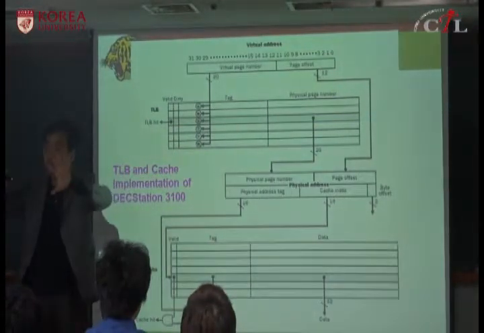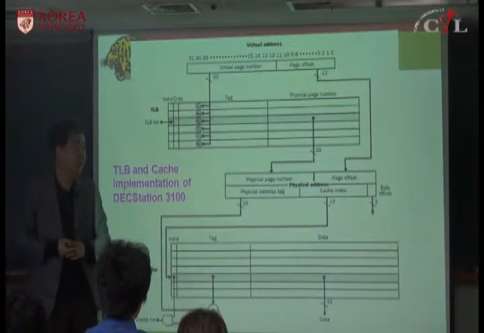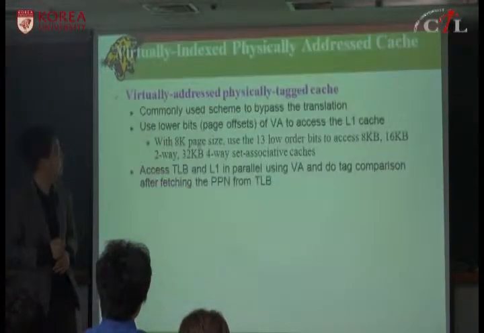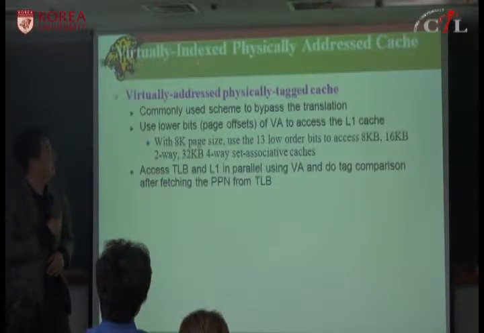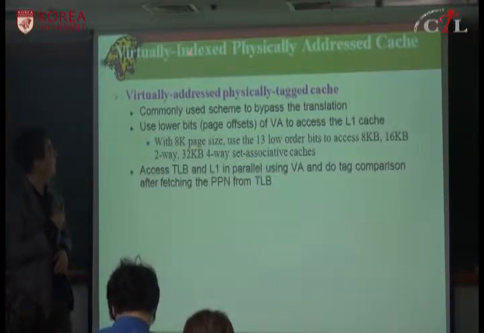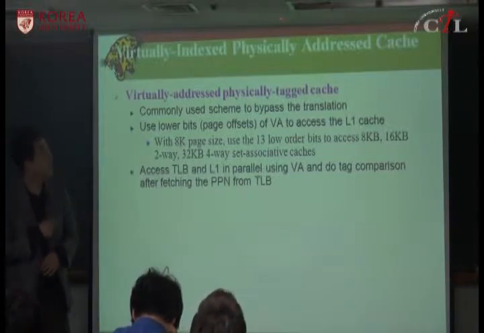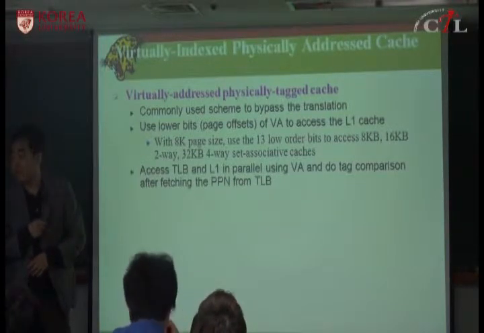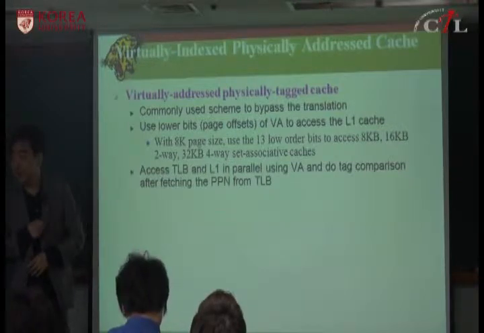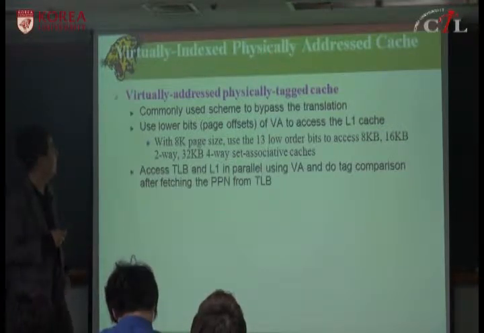Then you can overlap the TLB access and cache access directly, and this is called a virtually indexed, physically addressed cache, because the index you got from the virtual address, but the tag is from the physical address. Okay? So this is a virtually indexed, physically tagged cache.